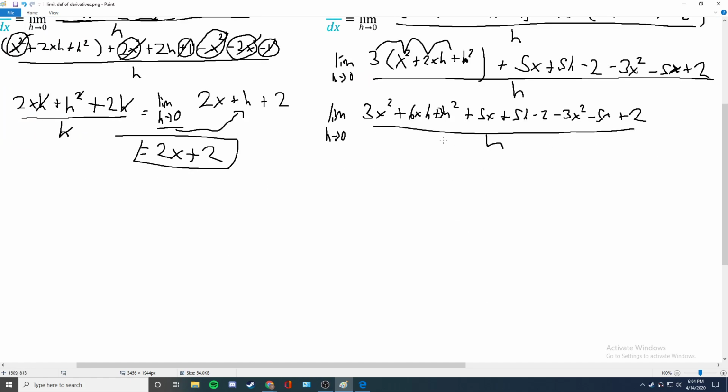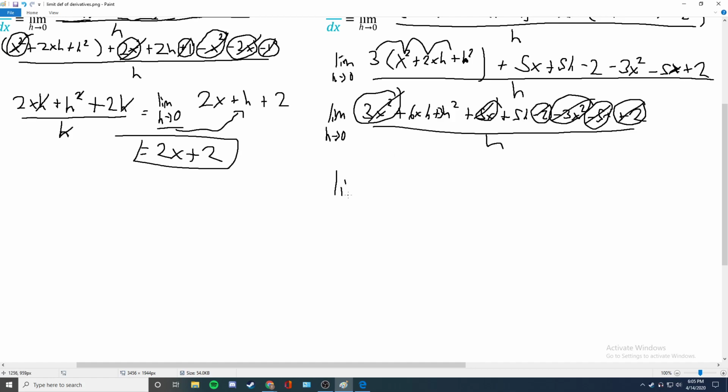So now we'll combine like terms just like the last time. We've got this 3x squared minus 3x squared, which will cancel, then we've got this 5x minus 5x, which will cancel, and this negative 2 plus 2, which will cancel.